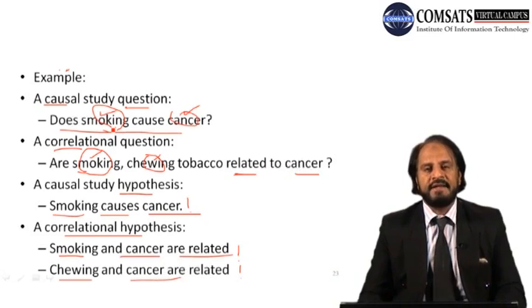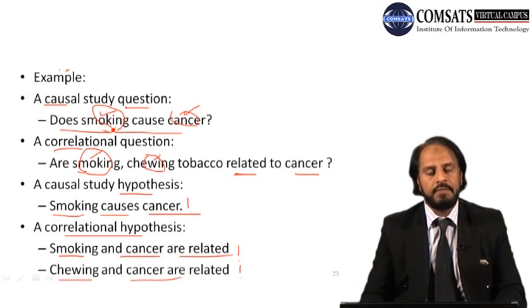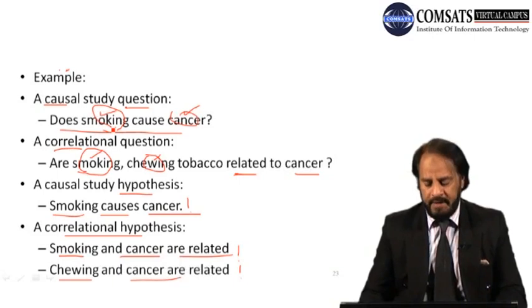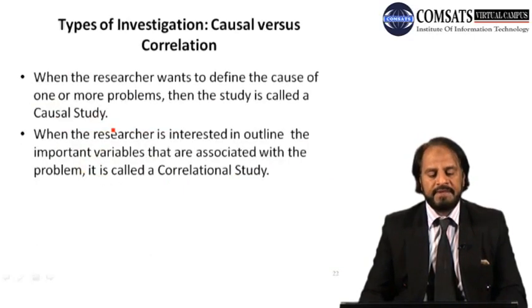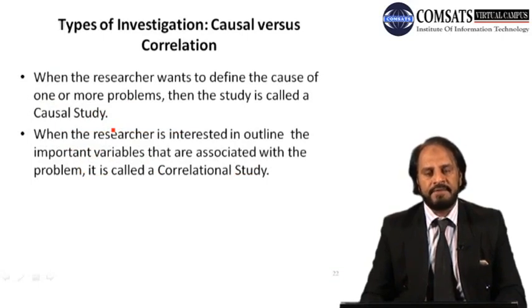Otherwise, if there are different variables, different factors which might influence your dependent variable, then we call it a correlational type of study. So the investigation is either causal or correlational. A causal study will focus on just one variable influencing the dependent variable.